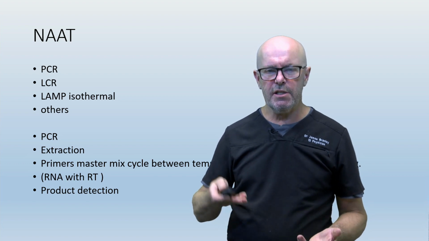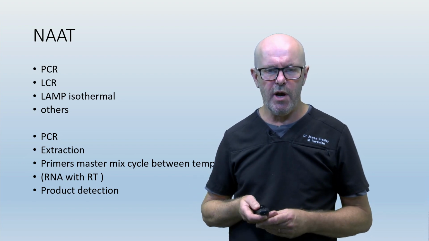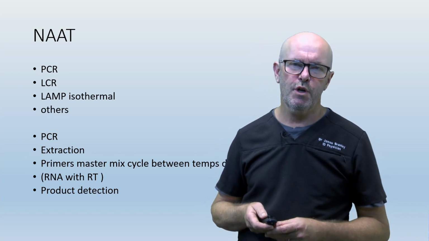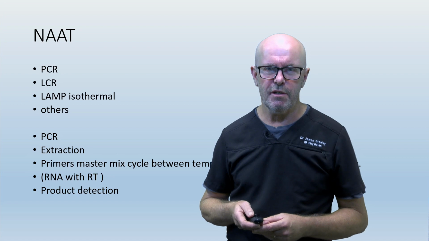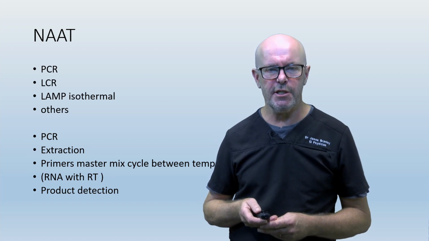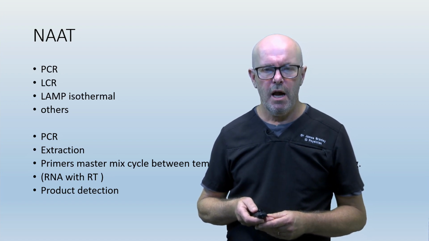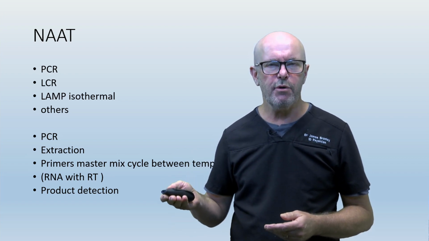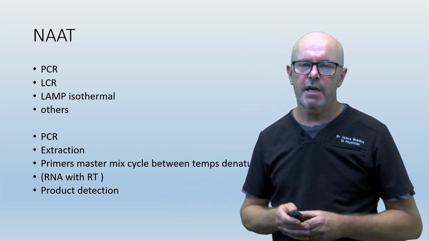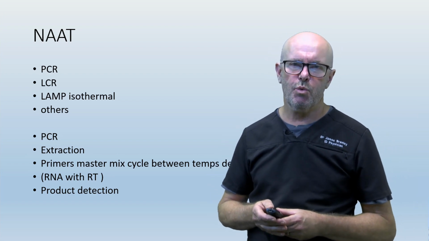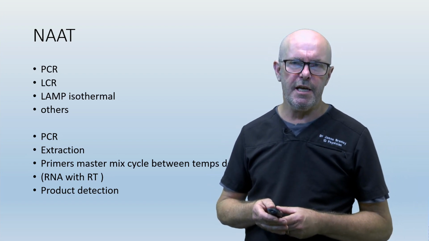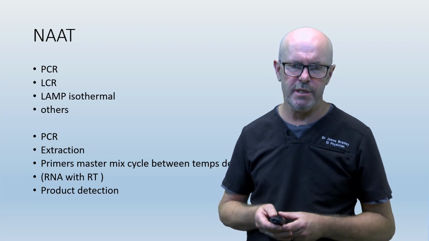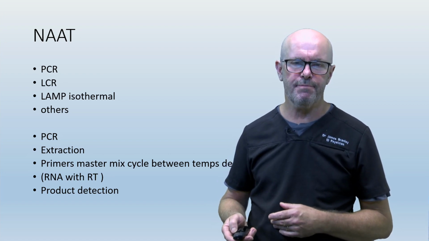Now we do know that as a product is generated, it can be detected in numerous different ways, and there's been a lot of recent advances in quite clever product detection. Along with that product detection, the number of cycles involved in identifying that product will result in a surrogate measure of how much of the organism was present initially in the specimen.